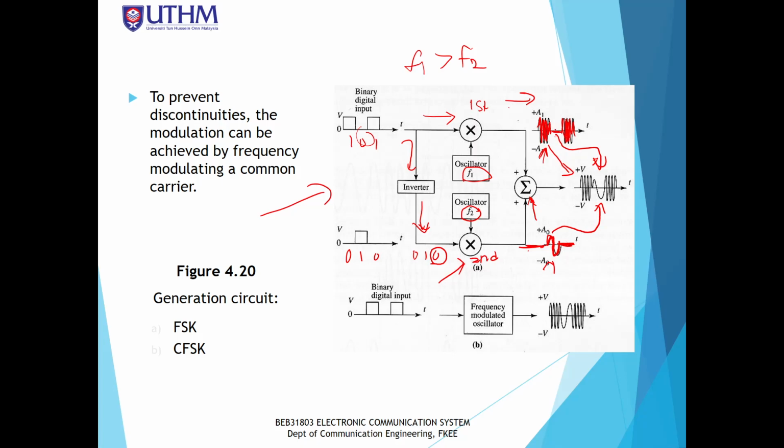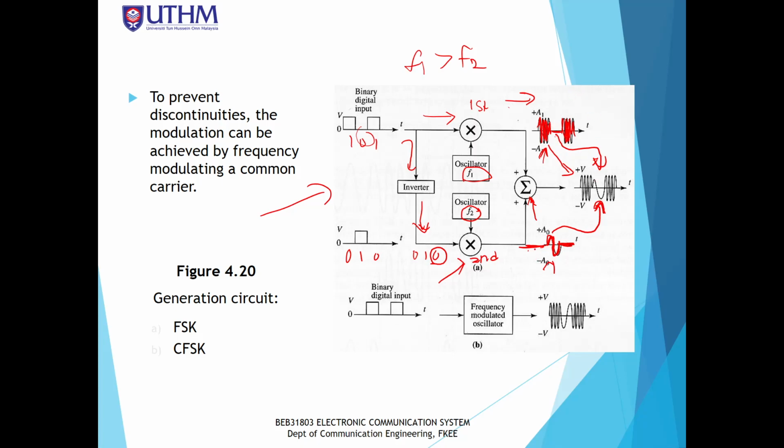So 0 plus this waveform A0, we are going to produce an output like this. Okay. So pada masa bit yang kedua, yang modulator pertama adalah switch off, modulator yang kedua mempunyai output signal. So when we sum together, we are going to produce this waveform.